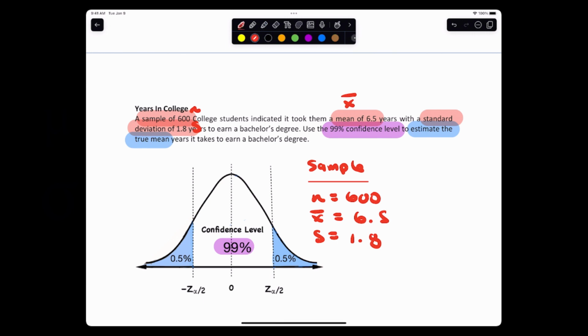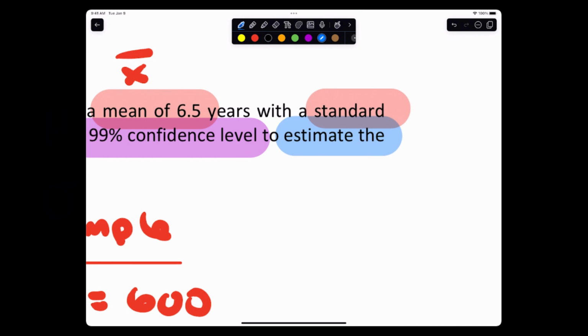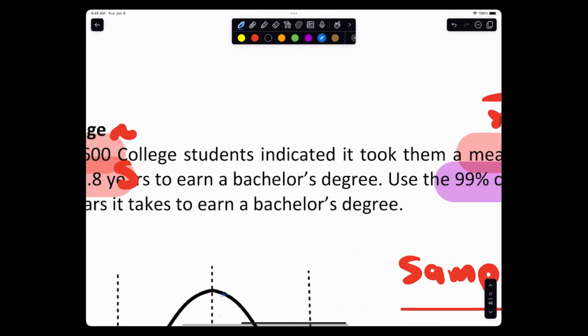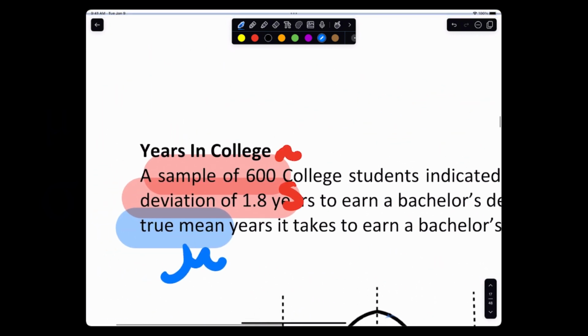So that is mu, the true mean. That's all you got to really do in some ways: know you are estimating the true mean, you're estimating mu. And how do you guys know that? They're going to tell you. You got to read it.